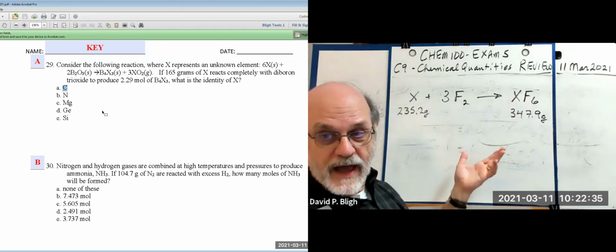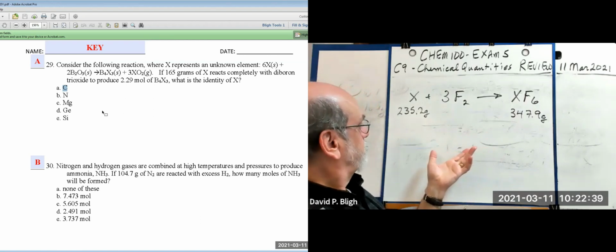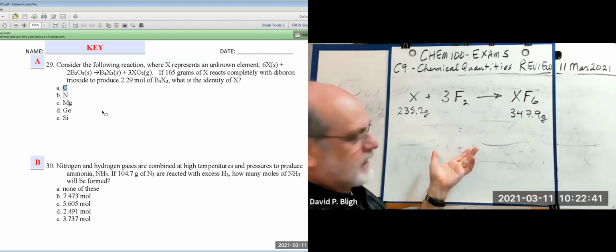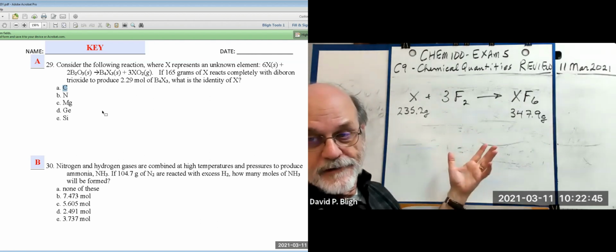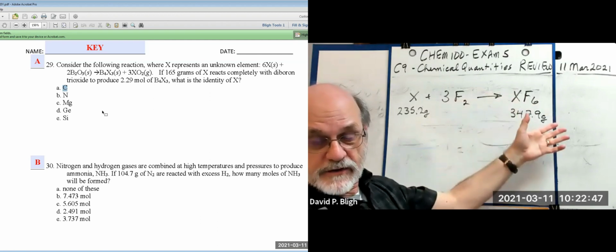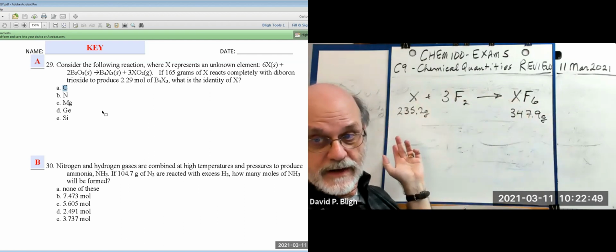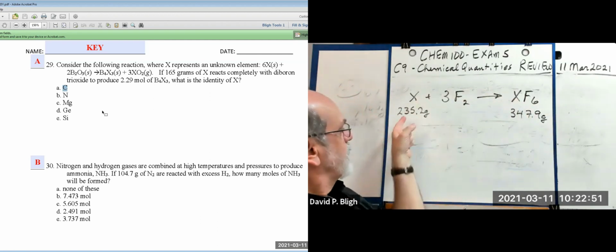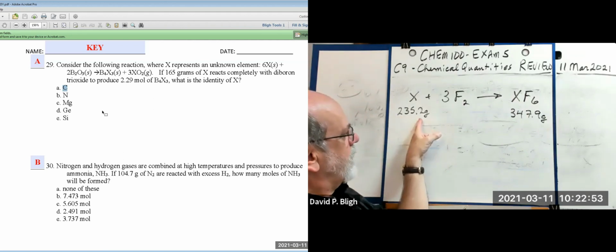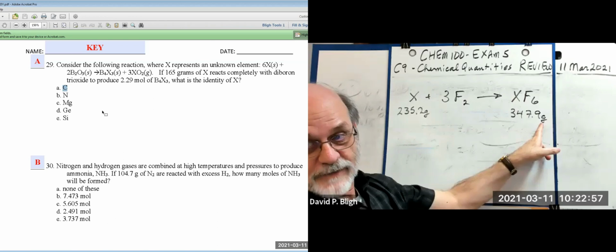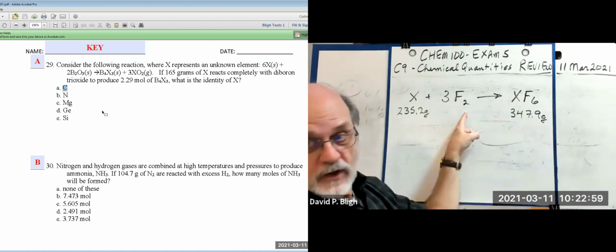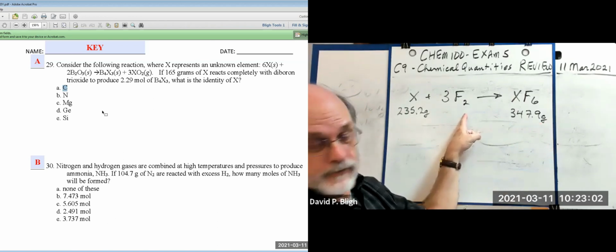During a chemical reaction, how do we approach mass? The mass of the products is equal to the mass of the reactants, correct? So that means if you start here with this many grams and you end up here with this many grams, what's left over? The grams of fluorine, right? The mass of fluorine.